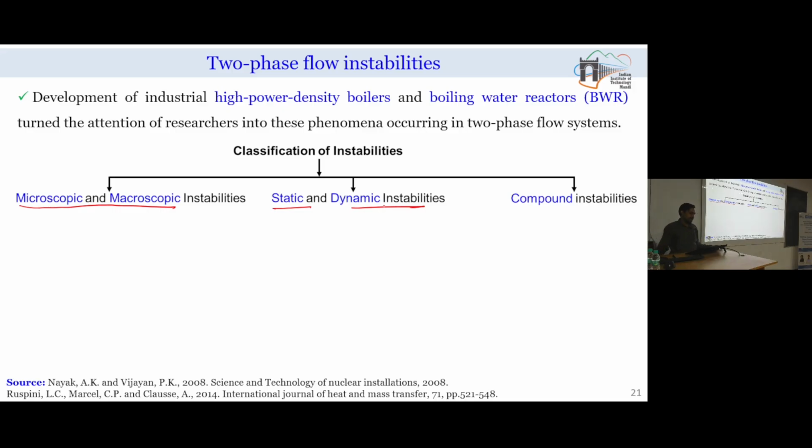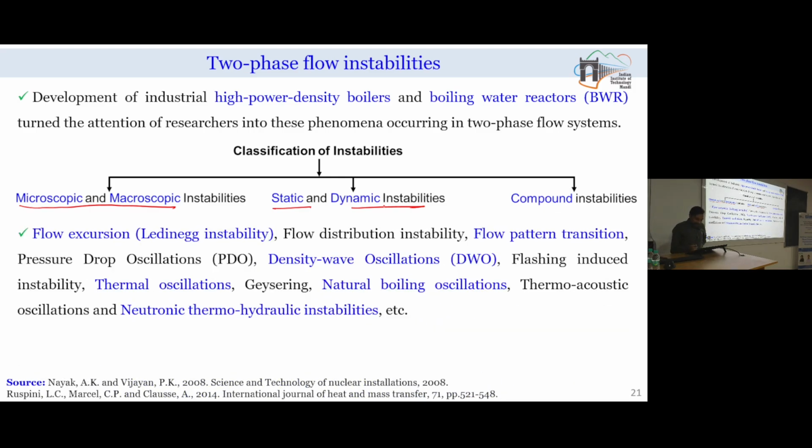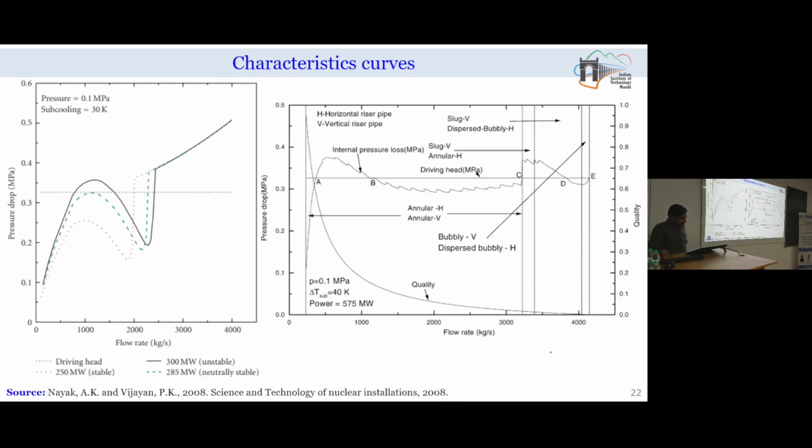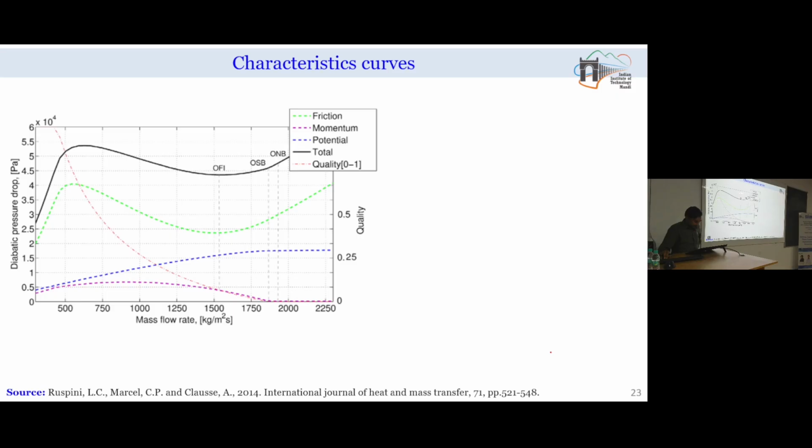Now, some of the instabilities are named over here. We are not going into that much detail. Of course, all these instabilities depend upon the nature of loop geometry, number of unstable zones, and disturbances or oscillations which are taking place in the system. Of course, these are some of the characteristic curves which we will skip.